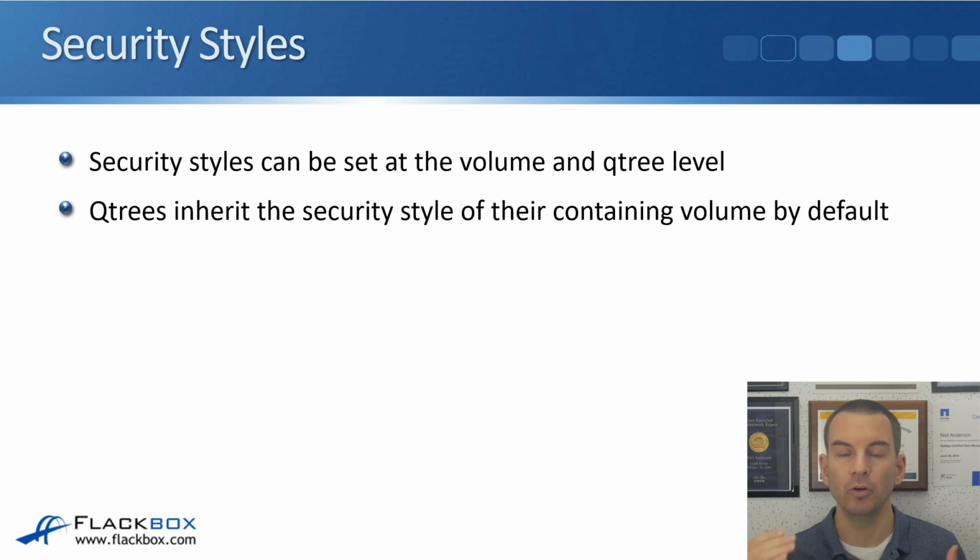The rest of the volumes that you create in that SVM are going to have the same security style as the root volume by default. And whenever you create a qtree, it's also going to have that same default security style. But when you create a volume, you can set a different security style on there if you want to. And when you create a qtree, again, you can set a different security style than its containing volume has, but by default, it's going to be the same.